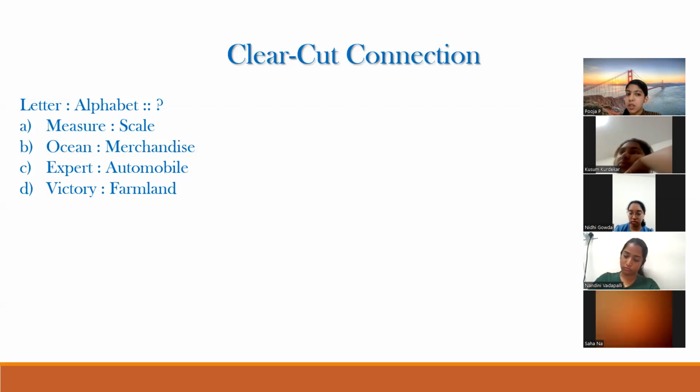Again, ocean and merchandise, not necessarily. The connection is not clear-cut. So the only option is measure and scale. Measure is nothing but measurements like units, and it is available on a scale. It could be any sort of scale, maybe balance scales or any other measuring scales. So you're left with the only option, measure is to scale. That will be your right pair.